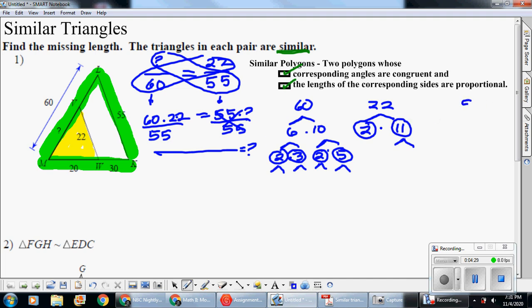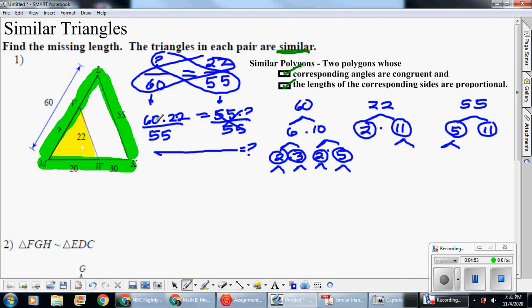Now factors of 55: you cannot use 1 or 55, but I recommend you use 5 and 11. 5 is prime, and 11 is prime already.